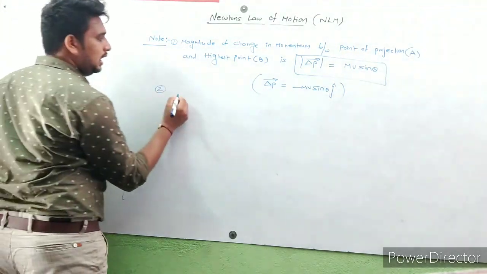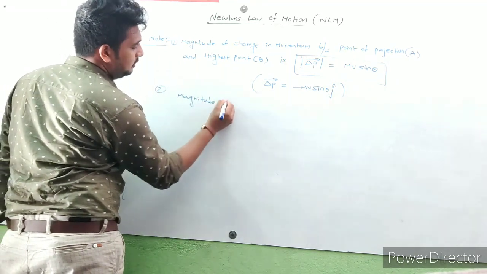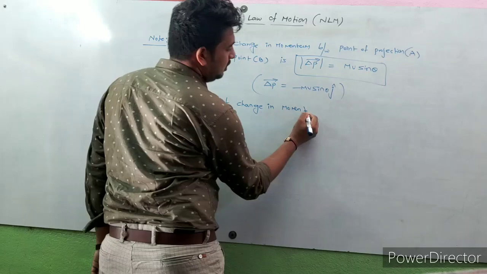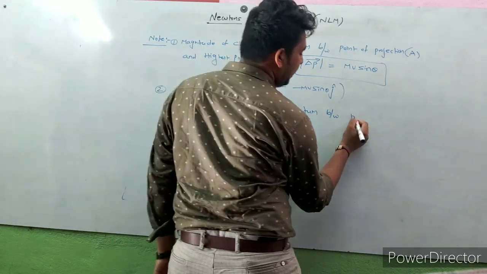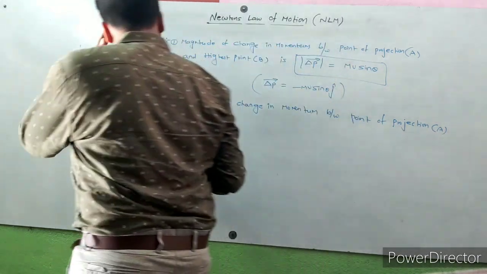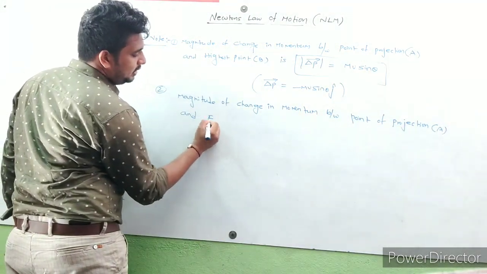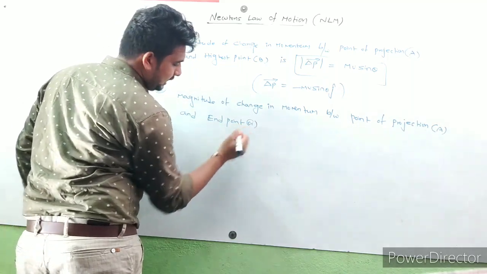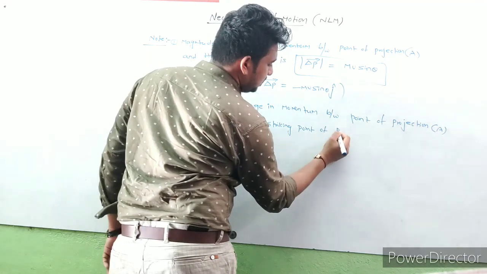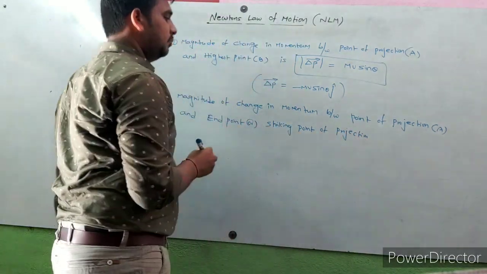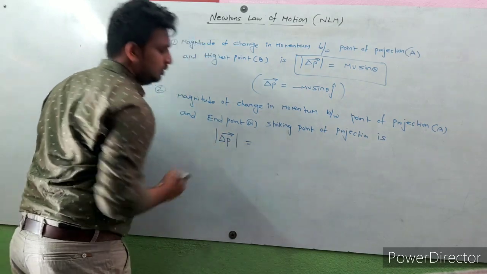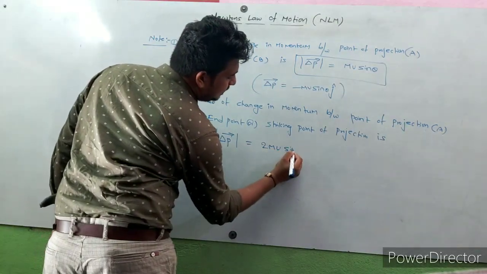Next, what is the second note point? Magnitude of change in momentum between point of projection A and end point or striking point of projection is delta P bar equal to 2mu sin theta.